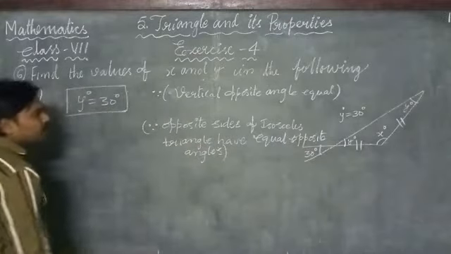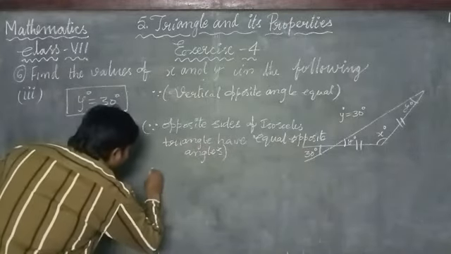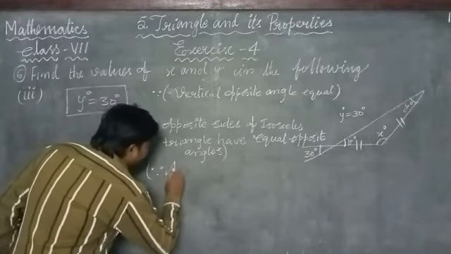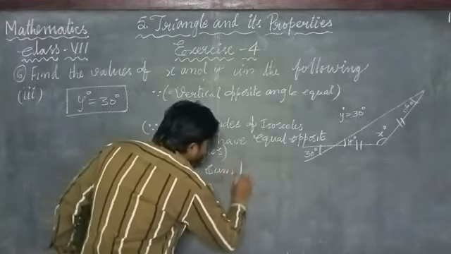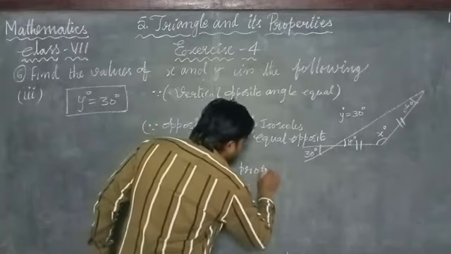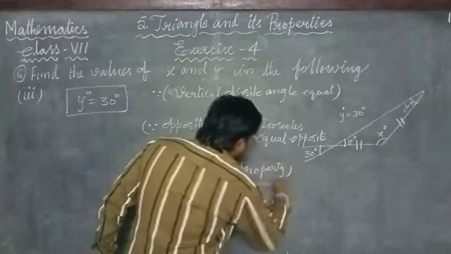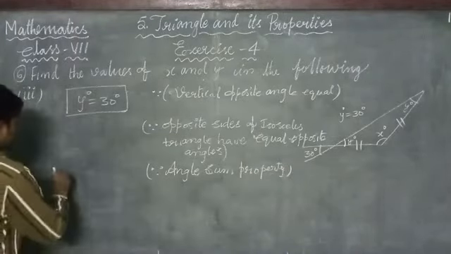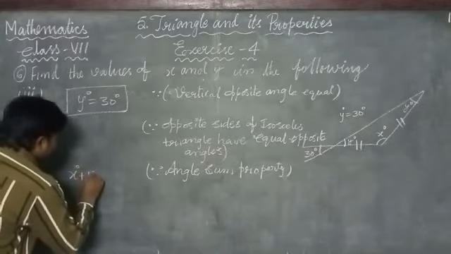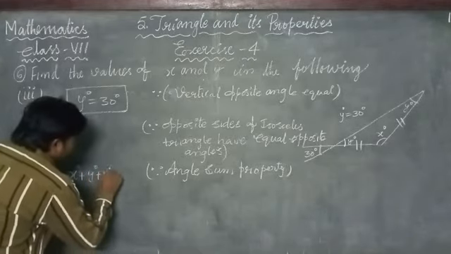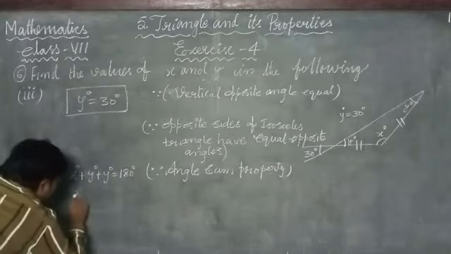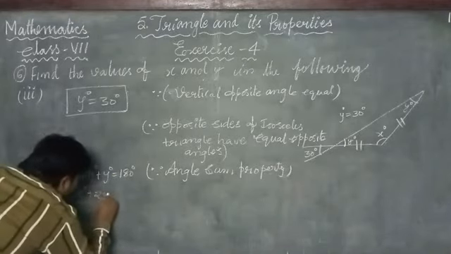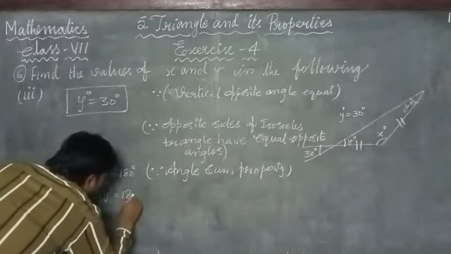To find x, we can use the angle sum property. From the angle sum property we can write x degrees plus y degrees plus y degrees equals 180 degrees. From this, x degrees plus 2y degrees equals 180 degrees.